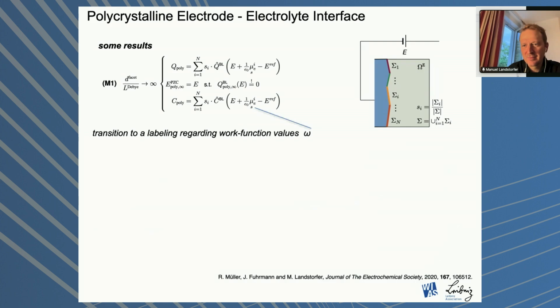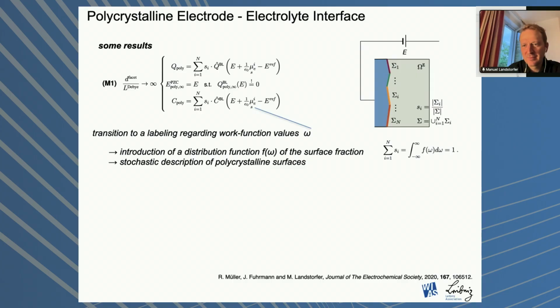Now, labeling the facets just by numbers is not the smartest way you can do it. There's a far more elegant way to label these, and this is by using the work function itself as an indicator function for the different facets, because this is what you would also measure with STM. And if you do so, you can introduce a distribution of surface fractions and get a stochastic description of polycrystalline surfaces.